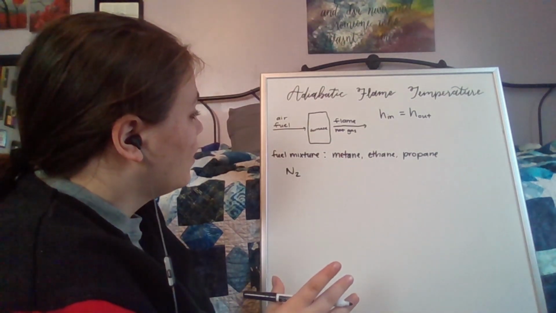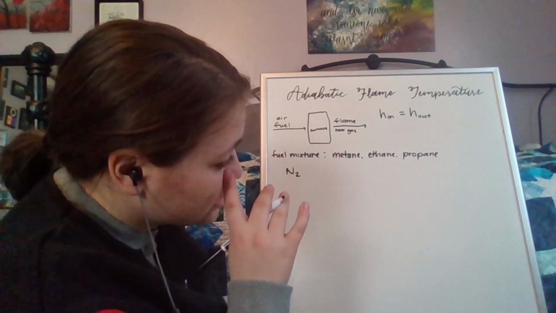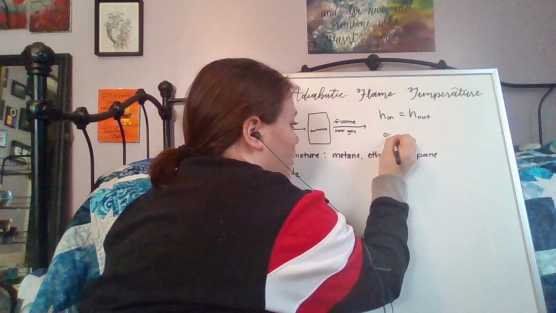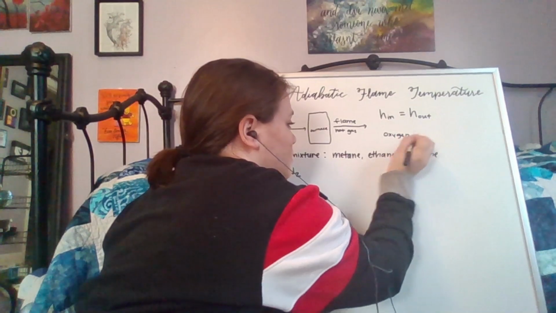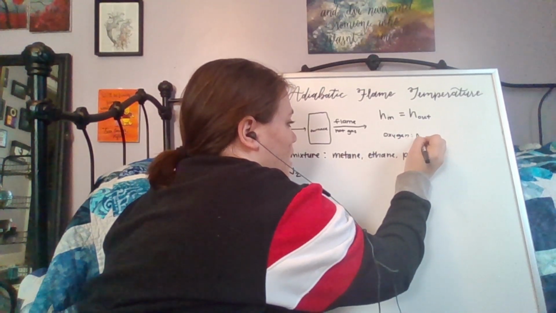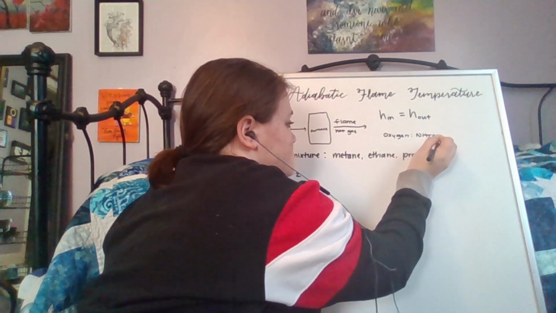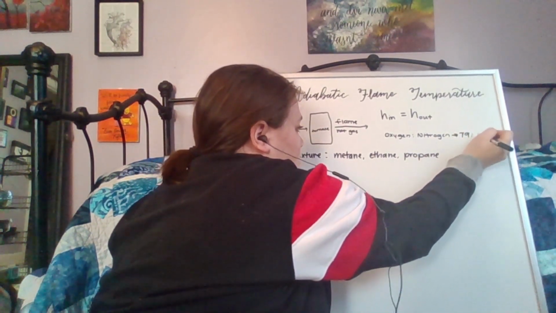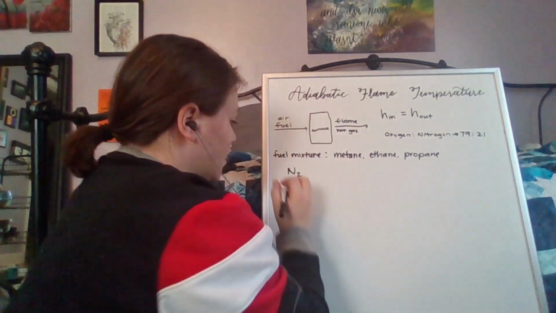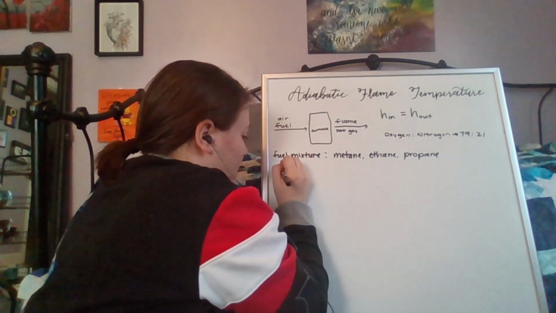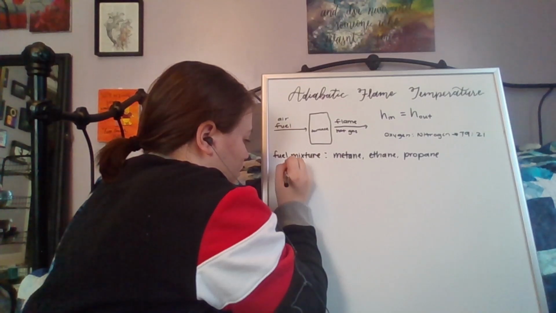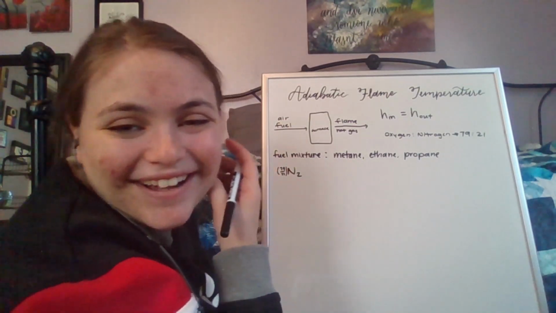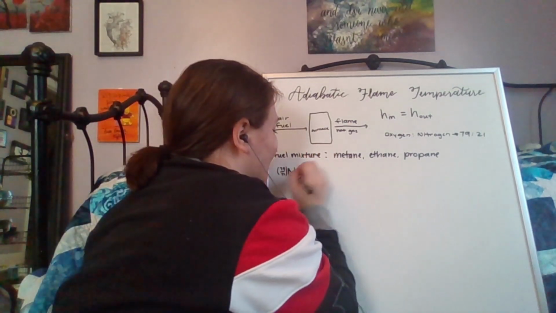And so we are given specifically that our ratio of oxygen to nitrogen is 79 to 21. And so what that's going to mean is that we're going to stick a 79 and 21 across every single nitrogen. Okay. And so we have that.